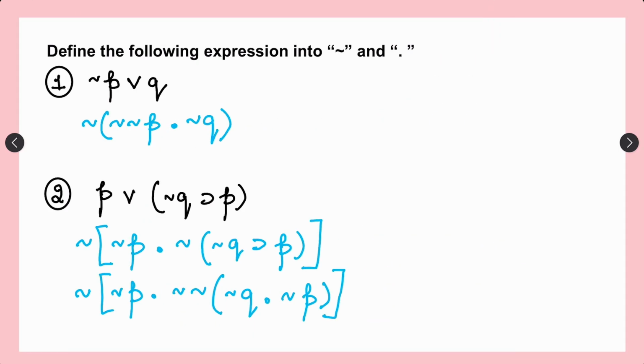Now let's solve the next question. Now next question is bit different because we have to define the expression into negation and dot. अभी हमने wedge किया था, अब dot में change करना है. So let's say the first part आपका already wedge में है, and now what we have to do is we have to change it into dot. So again यहाँ पे आपका आ जाएगा formula is p wedge q का formula is, okay, this is the formula.